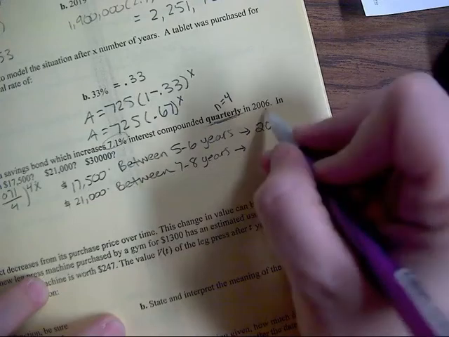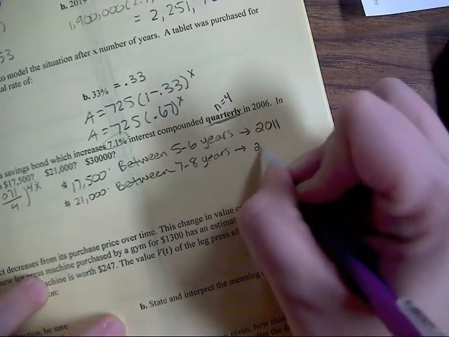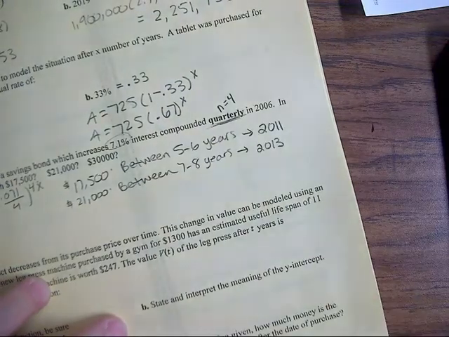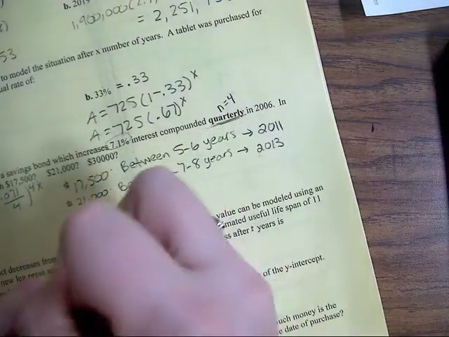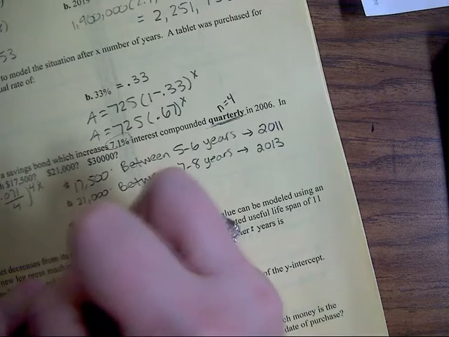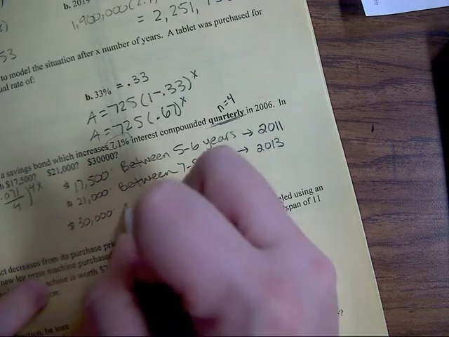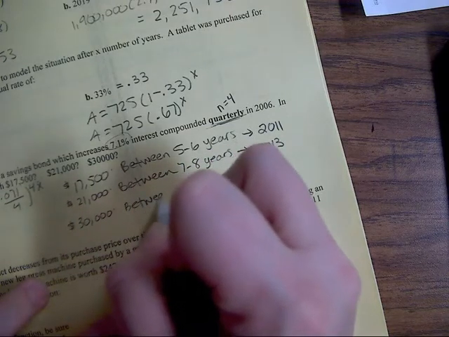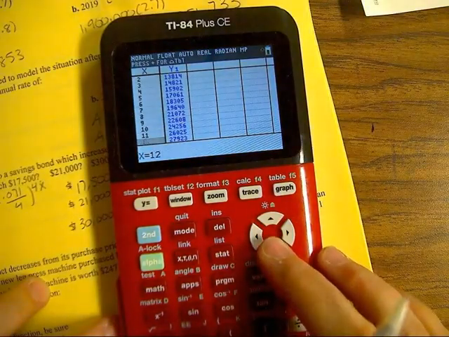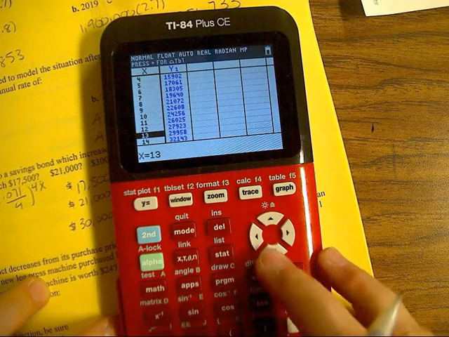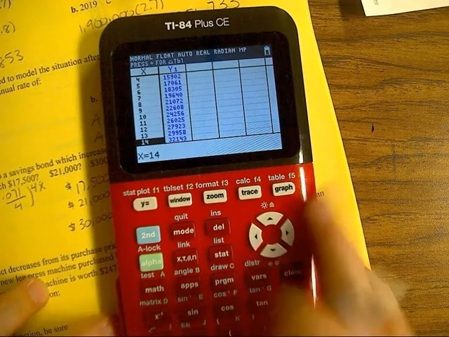So 2006 plus 7 means it's going to happen in the year 2013. All right, last one, we're looking for $30,000 now. So it's going to happen between, let's see here, looks like between year 13 and year 14.